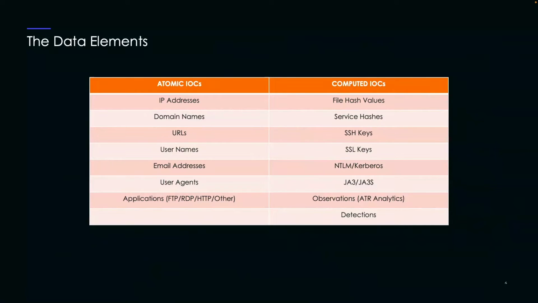Other interesting ones that come specifically from Gigamon Threat Insight are observations and analytics that come from the analytics we do from our Applied Threat Research team, and also the detections that come out of Threat Insight, right? These are computed indicators of compromise.